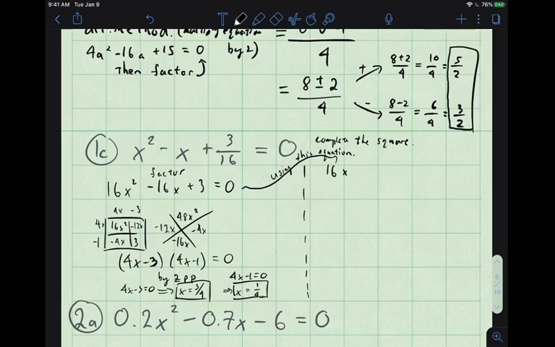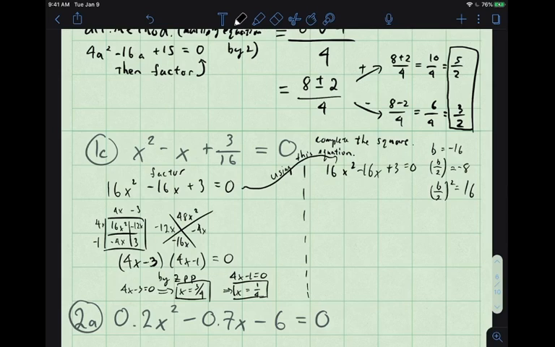Let's rewrite it first. B here is equal to negative 16. B over 2 equals negative 8. B over 2 squared is positive 16.